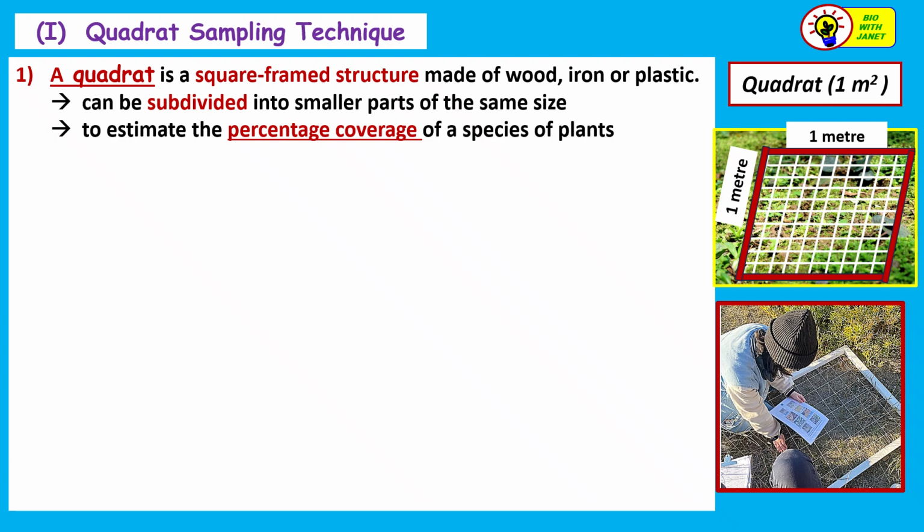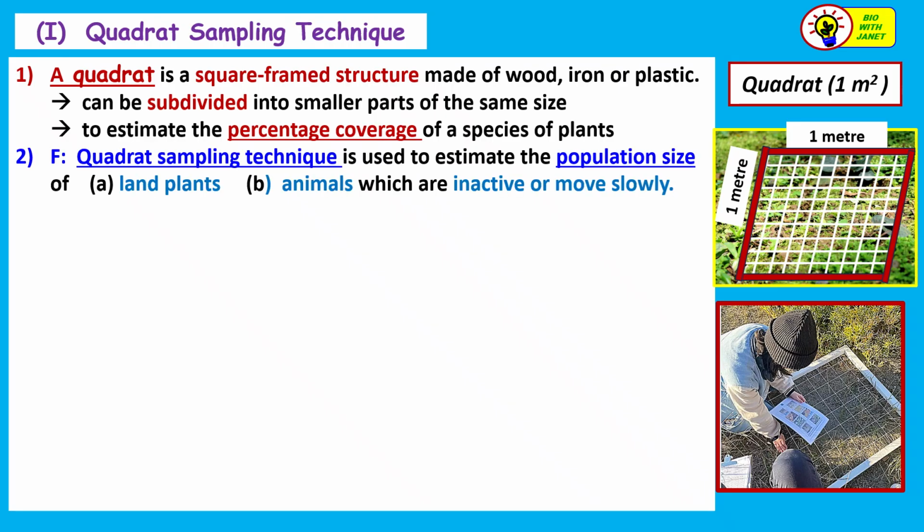This is used to estimate certain parameters, for example, percentage coverage of a species of plants, as we'll find out later. But sometimes, if you're just going to estimate the density, you do not need to use that. You just use a square frame to take the samples.